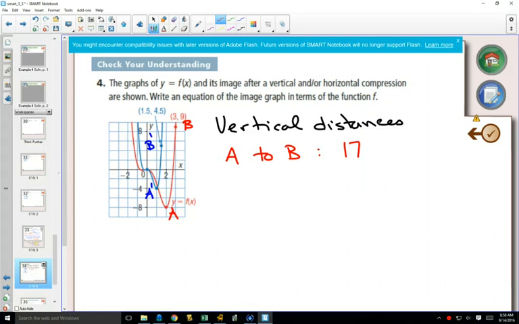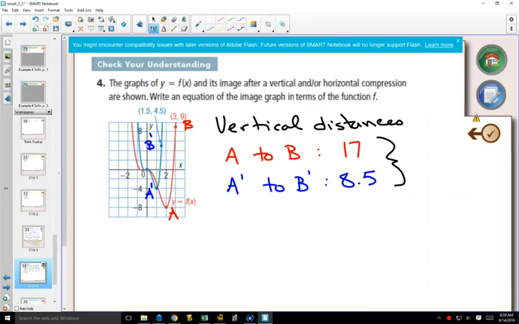Looks like it's 17 units in between A and B. And if we look at the image graph from A prime to B prime, how many units apart are those? It starts at -4. It goes up to 4.5. So the distance is now 8.5.